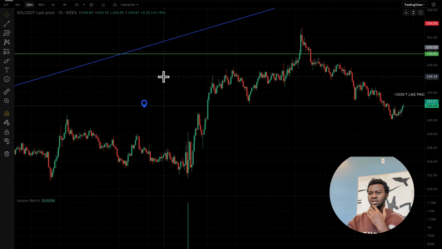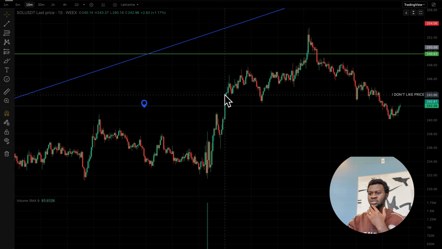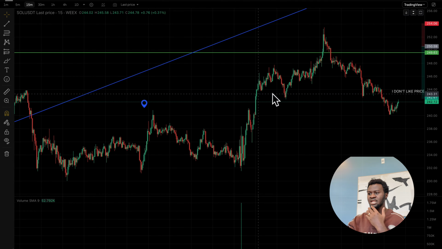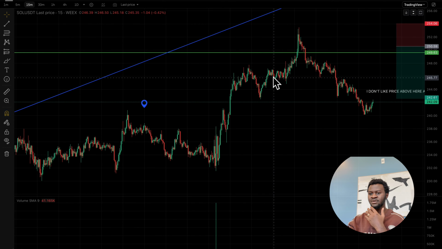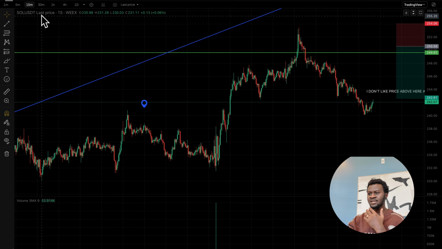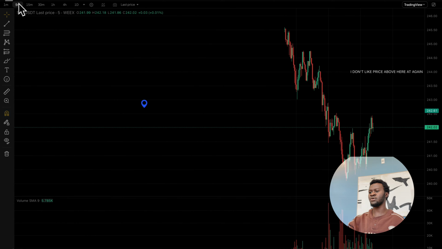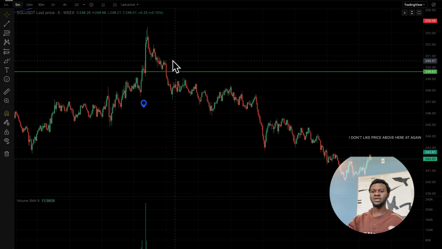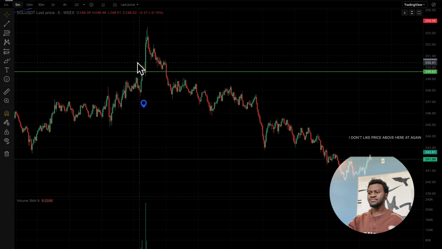And so I don't know if it was really low time frame, but I know that candle was the first sign where I was like, okay, I was going to look for a sweep, a potential sweep. But let's see, 5 minute.